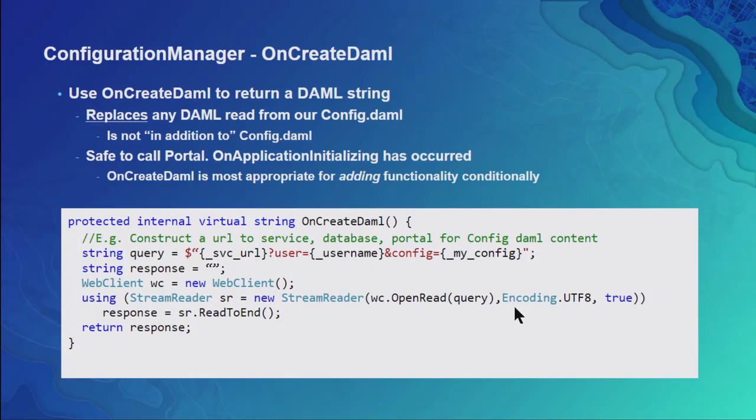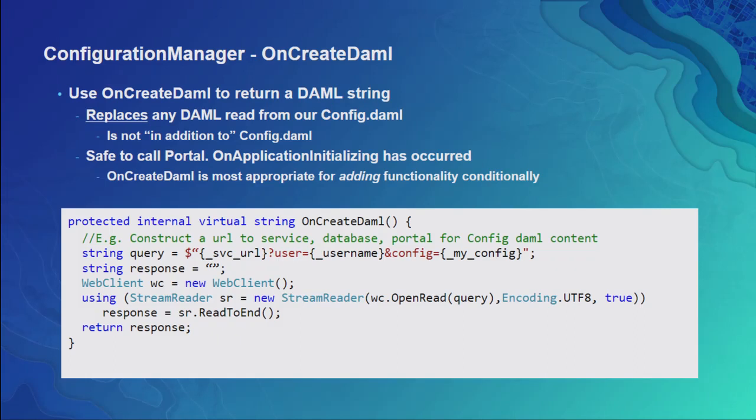Also in the lifecycle, I can use the OnCreateDaml method to return a DAML string. This would allow me to pre-configure my DAML that is determined by my user role, and then replace any DAML that's read from the Config.daml.